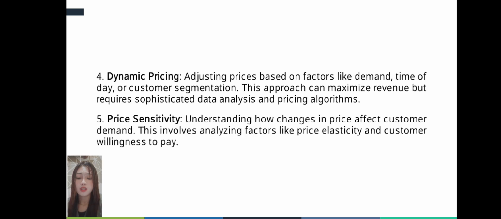Then the fourth one is dynamic pricing. It's adjusting prices based on factors like demand, time of day, or customer segmentation. This approach can maximize revenue but requires sophisticated data analysis and pricing algorithms. For example, an airline. So, let's say Delta Airlines, and dynamic pricing nila is to adjust ticket prices.